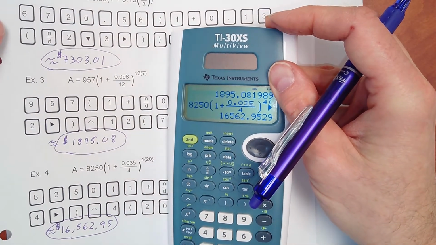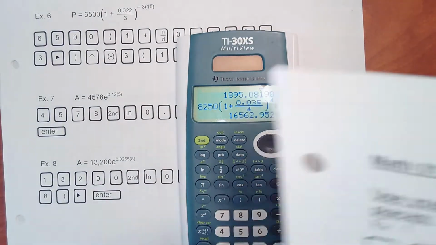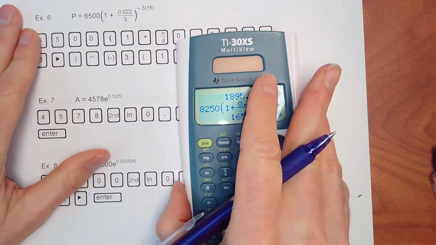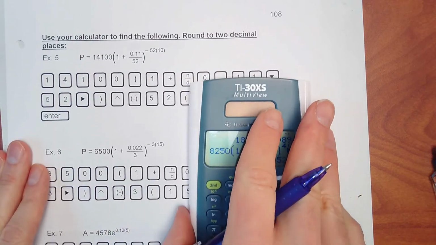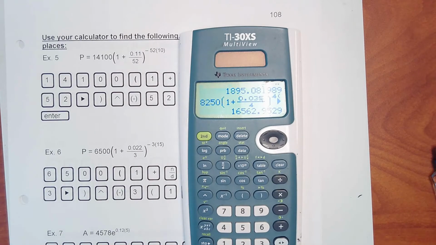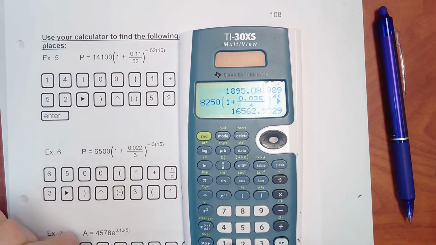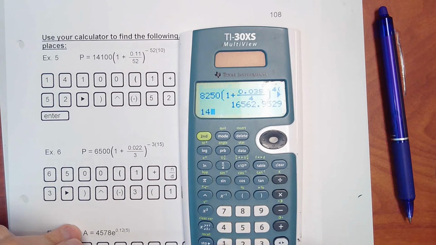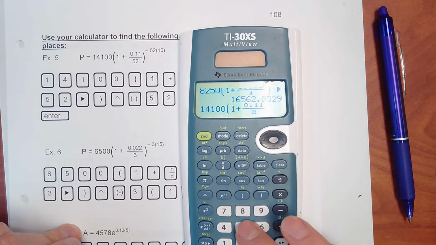Let's turn the page. So now on page 108, our equations are just going to get more and more complicated, just getting practice right now. All you want to worry about is being able to put these in the calculator correctly. So I'm going to do 14,100 parentheses 1 plus fraction key 0.11 over 52, close parentheses.